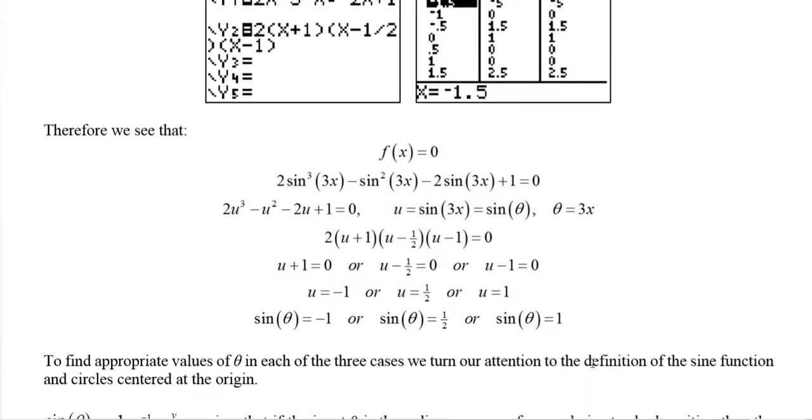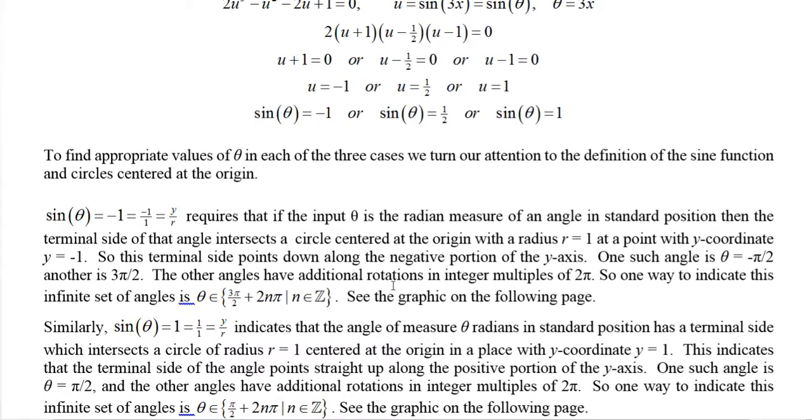Now let's see if we can figure out the appropriate things to do with this. Now let's think of sine of theta. On a unit circle picture, sine of theta, which in this case is -1/1, can be thought of as -1/1. In a unit circle picture, that's going to be y over r. Or not necessarily a unit circle picture, but any circle centered at the origin with radius r.